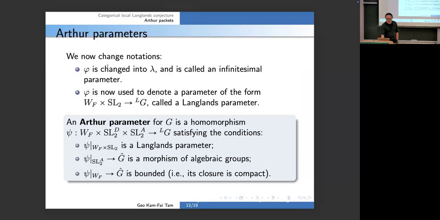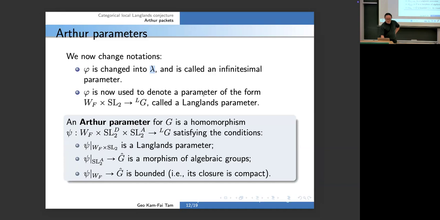So here I change the notation a little bit. Phi previously was used for denoting a parameter. Now it is denoted as lambda, and we call it an infinitesimal parameter.